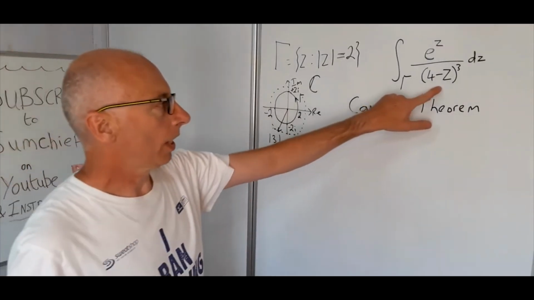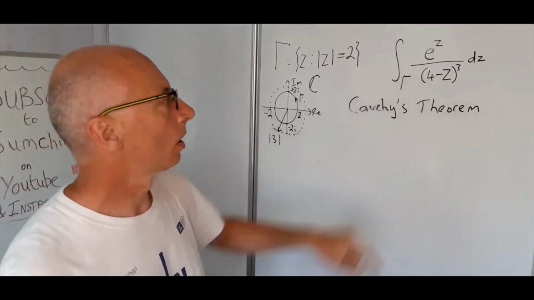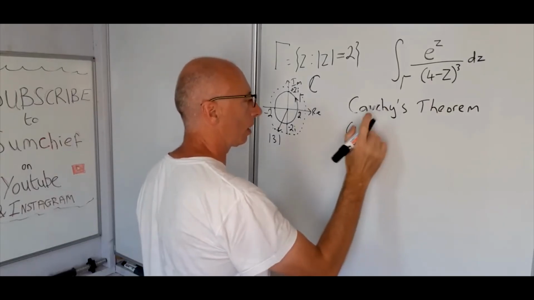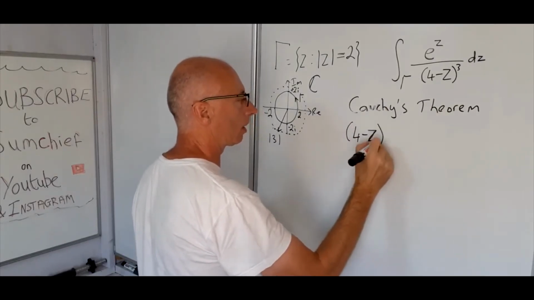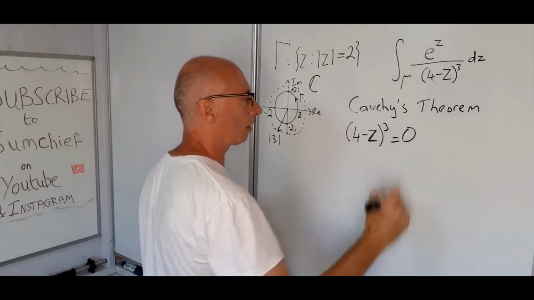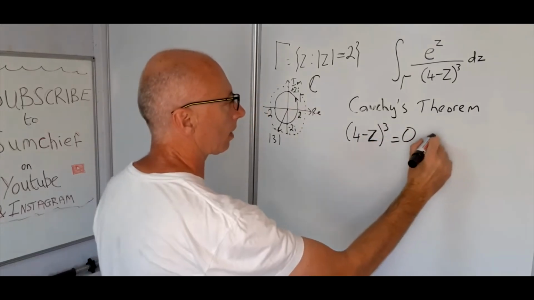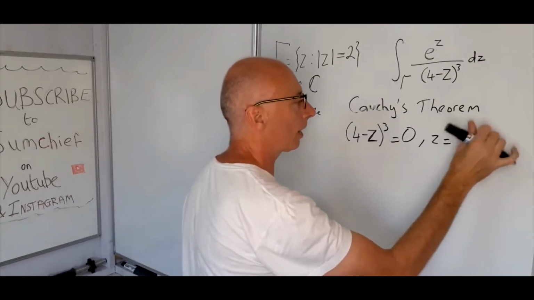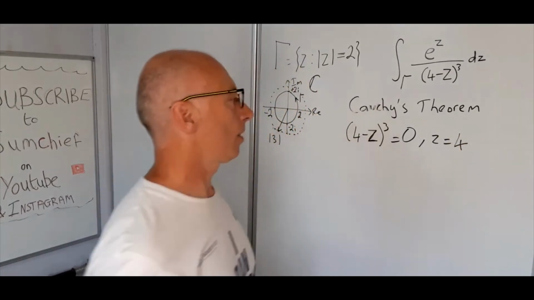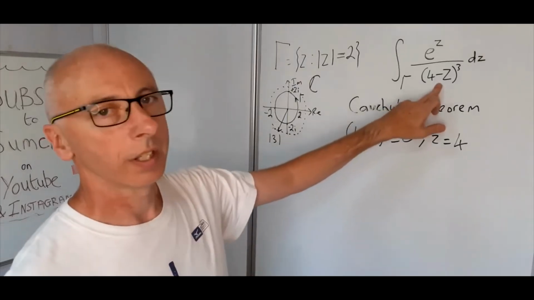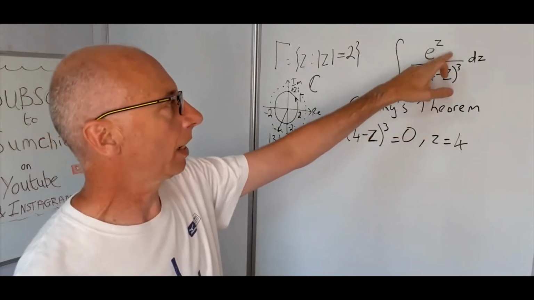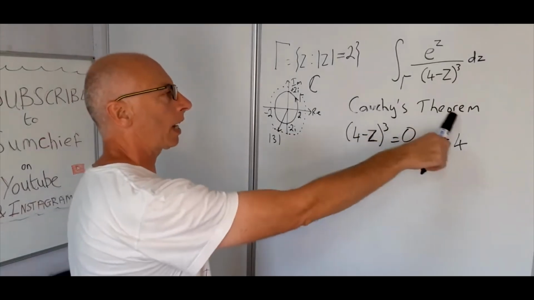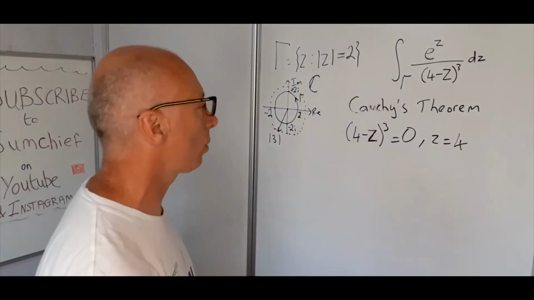Now next what we've got here is 4 minus z cubed. What we're interested in is where 4 minus z cubed equals 0. Obviously that's the case when z equals 4. When z equals 4, this function is undefined, and when we're dealing with Cauchy's theorem, that's the point we're interested in.